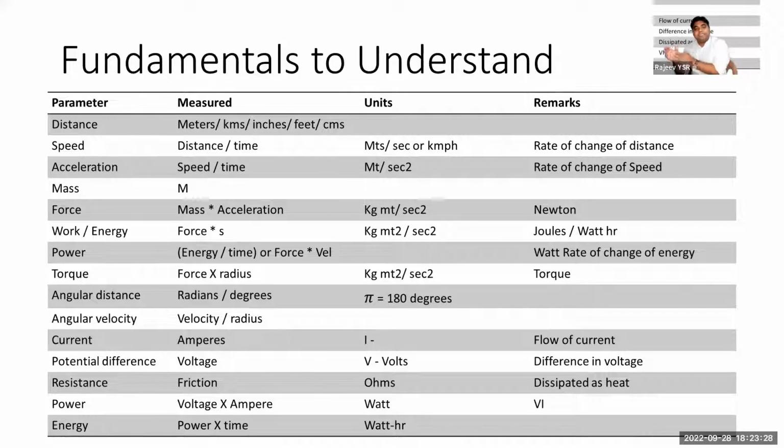That means mass into acceleration. Kg meter per second square is also called as Newton. Why Newton? Because Newton is the one who first discovered this gravitational force when he was sitting under the apple tree. You all know the story. An apple fell down. Then he was wondering why an apple fell down, because then he understood that the earth has got an inherent gravitational force, which we have seen to be around 9.8 meters per second square.